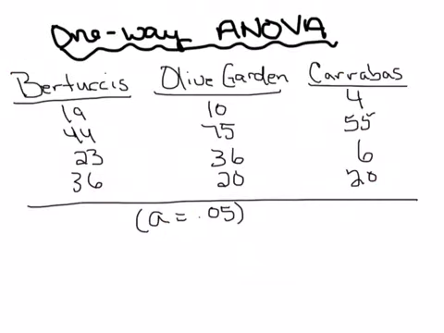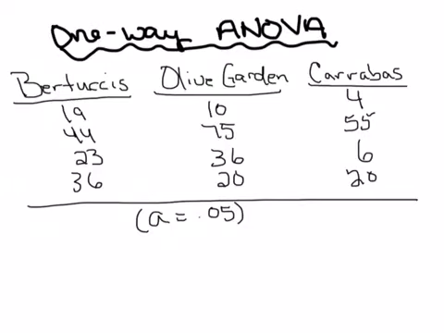So we're going to walk through the steps for testing a one-way between subjects ANOVA. I have actually created a data set with 3 Italian restaurants.